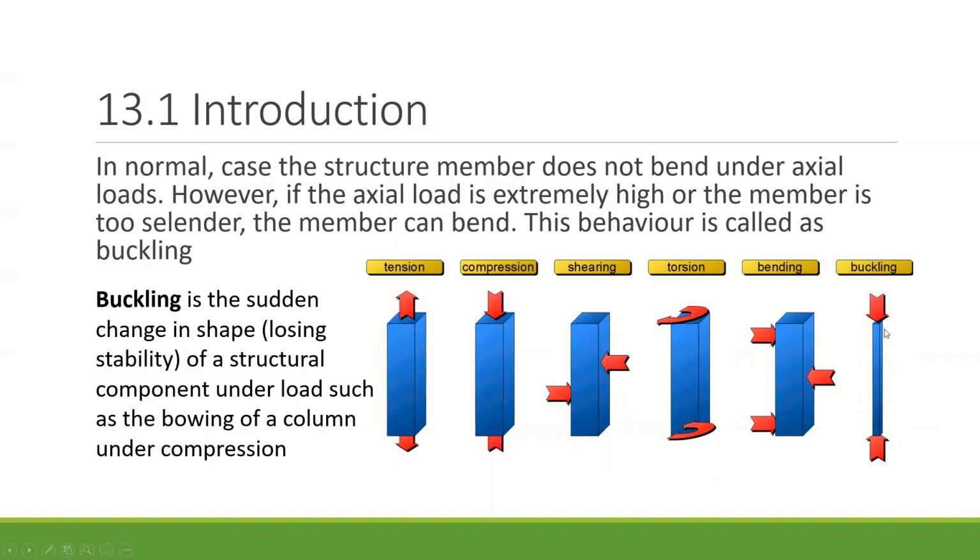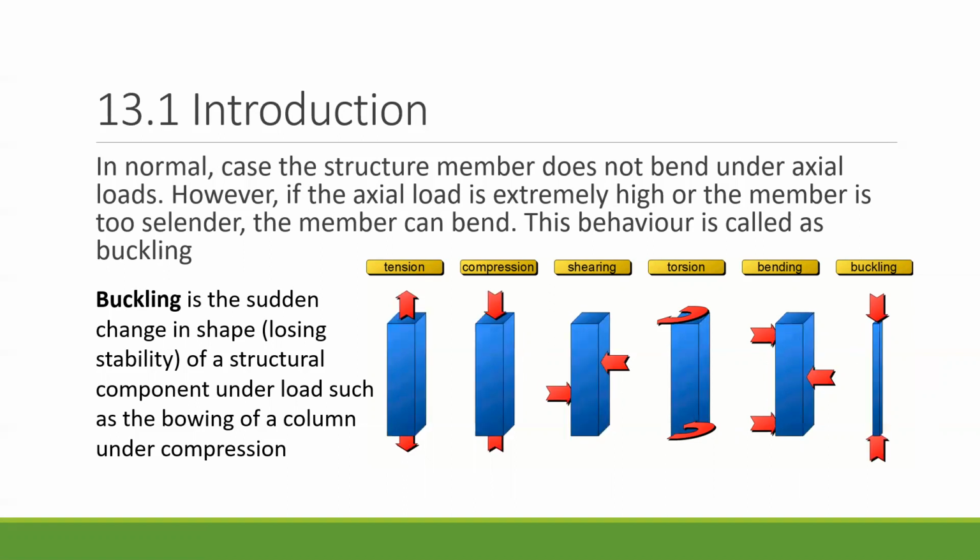You can see it on the right side of our page. And what is the meaning of buckling? Buckling is the sudden change of shape of a structural member exposed to an extremely high external load.